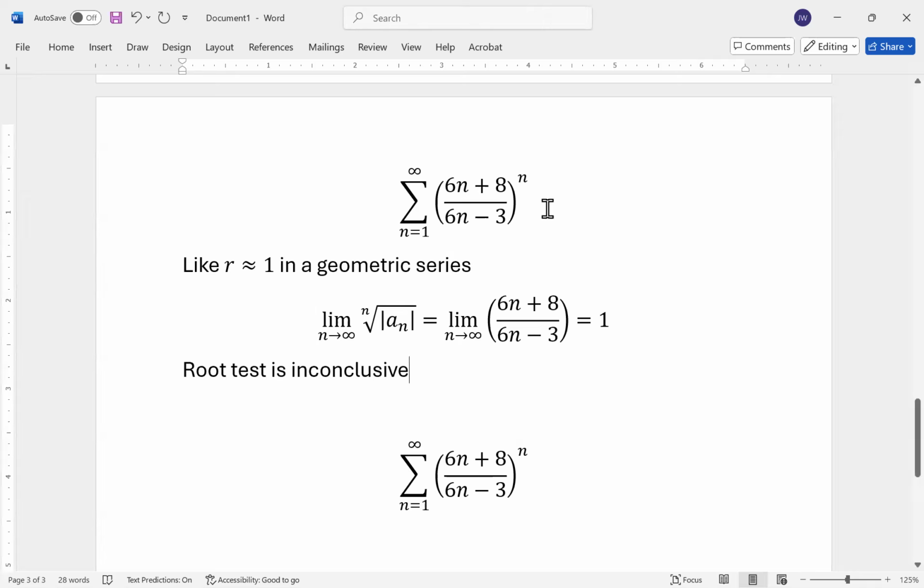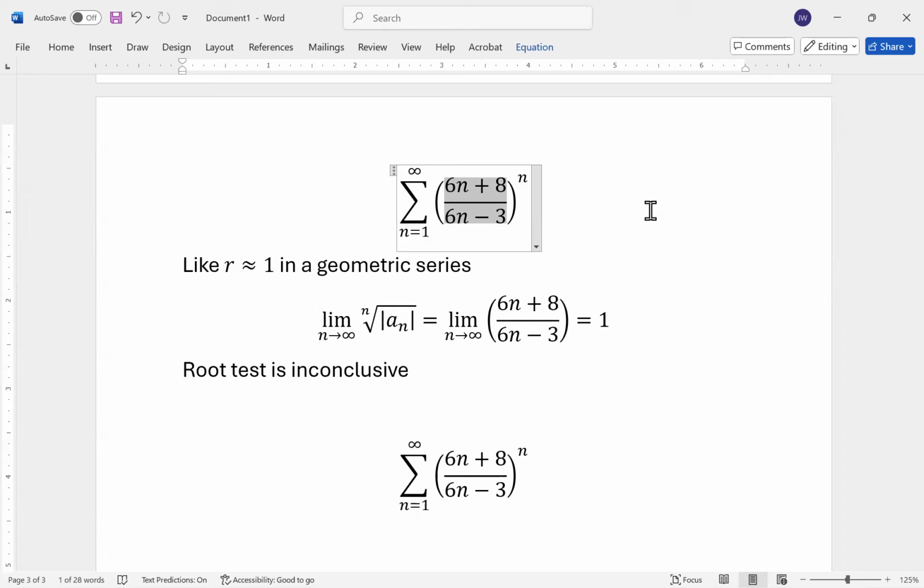And that's because while r is really, really close to 1, it's kind of like 1. If r is just a little above 1, then this infinite sum is going to grow too fast. If r is a little below 1, if it's always a little bit under 1, then that infinite sum is actually going to converge.